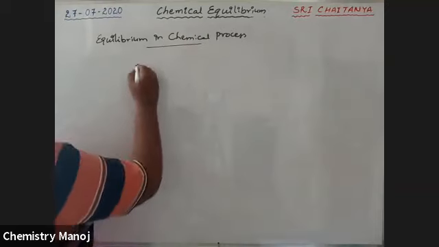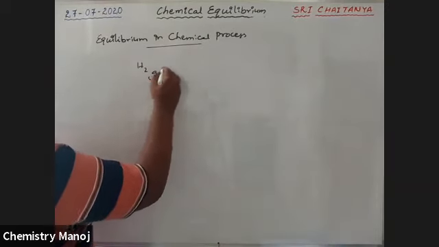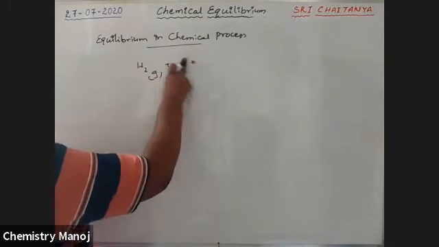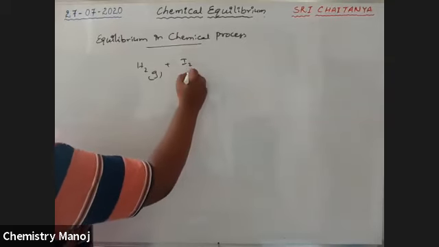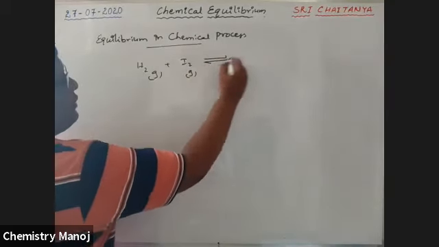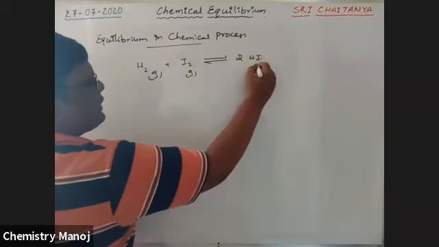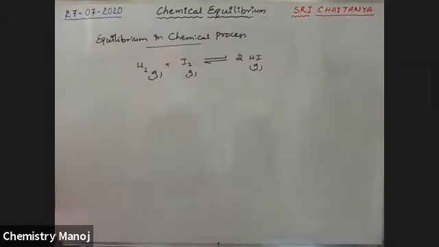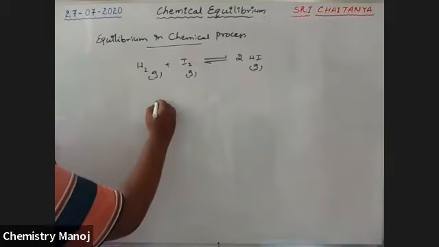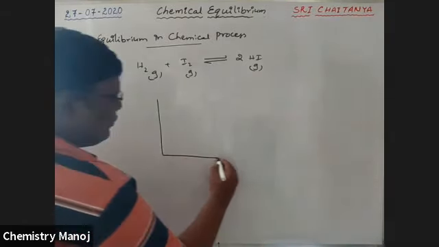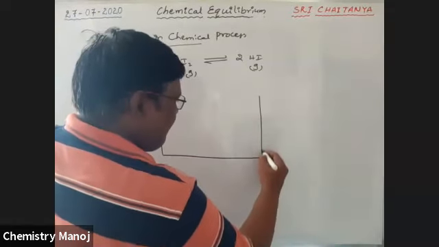See, I'm taking one more example. H2 gas plus I2 gas reversible with 2HI gas. So I'm drawing like this. You must learn both the ways.